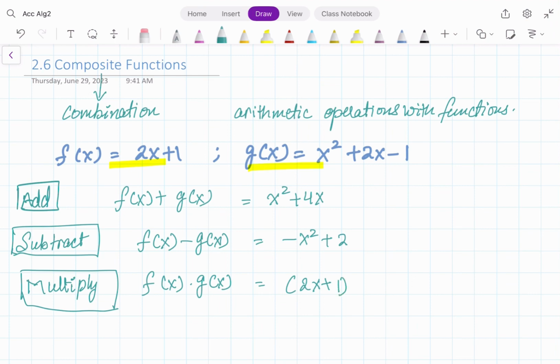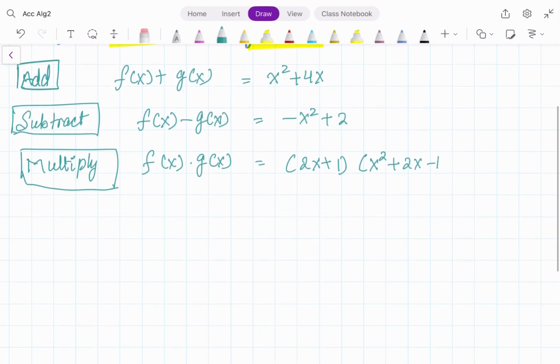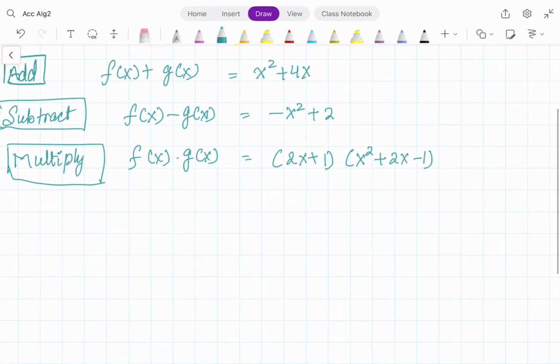With multiplying, we need to be careful when we are using either the distributive property or the FOIL method, if you have learned it in your class. Whatever method you want to use is totally fine. I will be using the distributive property in this case.